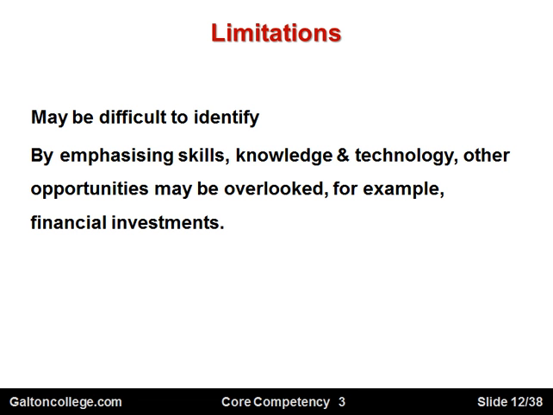And also, by emphasizing the need for skills and knowledge and technology, other opportunities may be overlooked. For example, financial investments. So a business may focus too much on staff skills, or the development of skills, the development of internal knowledge to the business, which gives it an advantage.